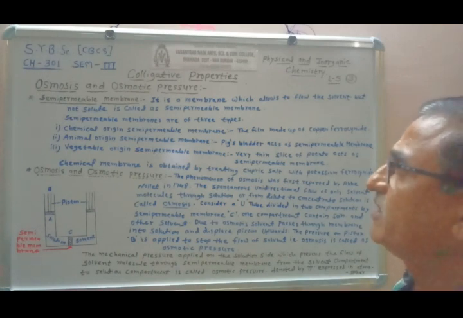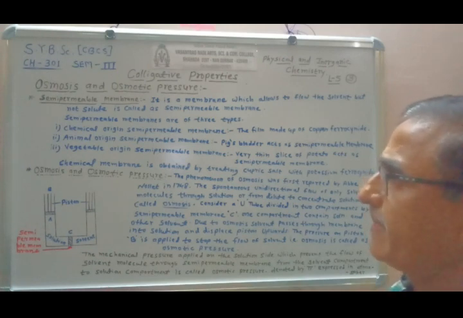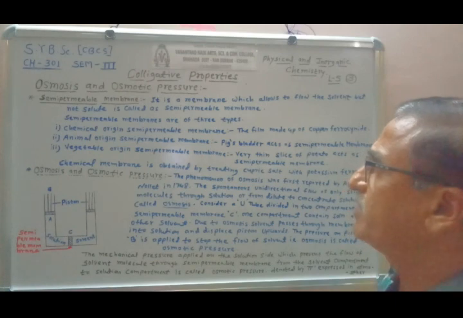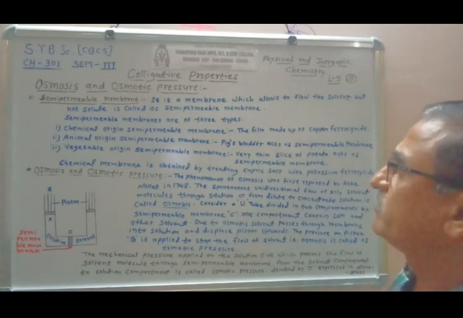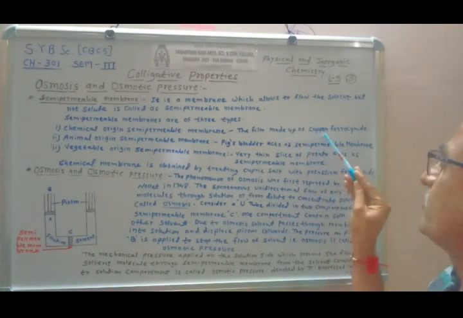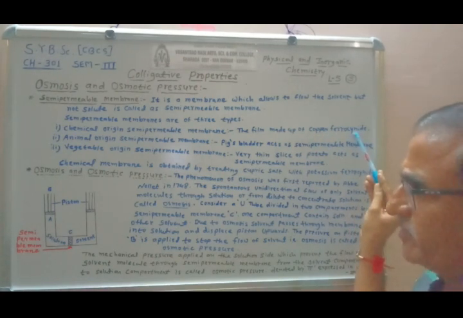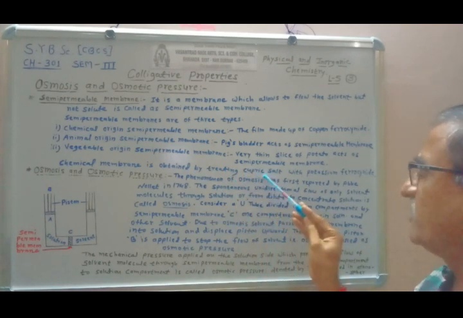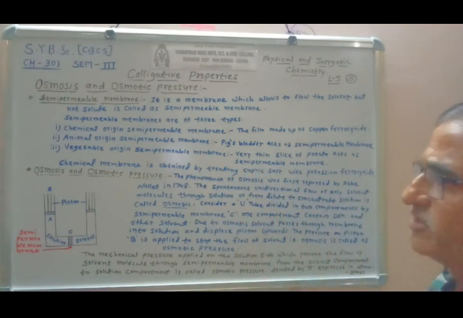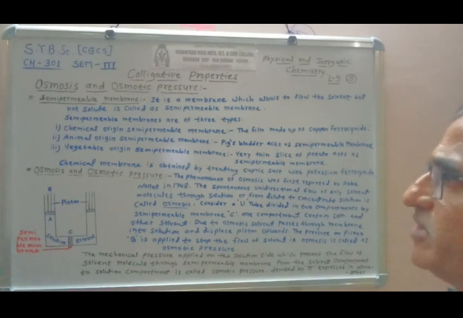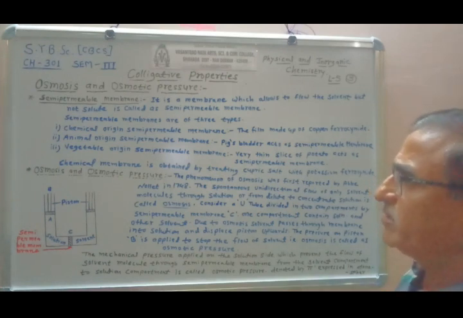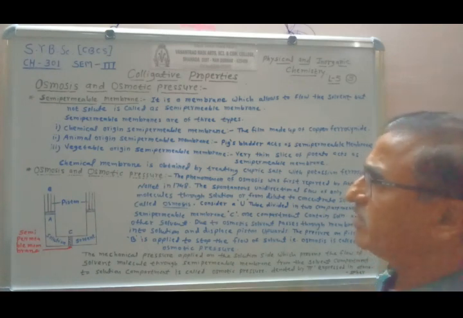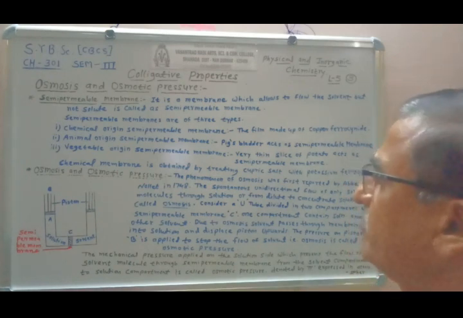Semi-permeable membranes are of three types. First is the chemical origin semi-permeable membrane. It is the film made up of copper ferrocyanide, and this chemical membrane is obtained by treating cupric salt with potassium ferrocyanide. Second is the animal origin semi-permeable membrane.